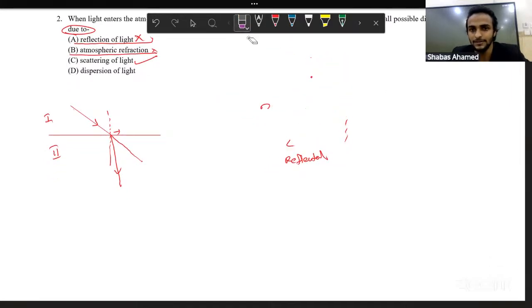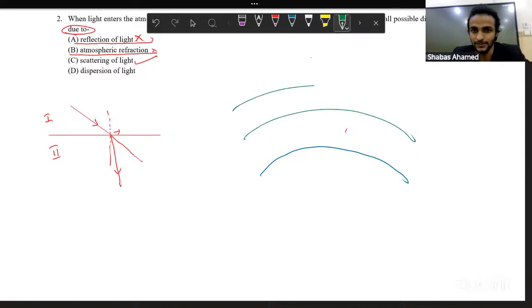Let me wipe this. Suppose this is Earth's surface, and we know that Earth has many layers: troposphere, stratosphere, mesosphere, thermosphere or ionosphere.